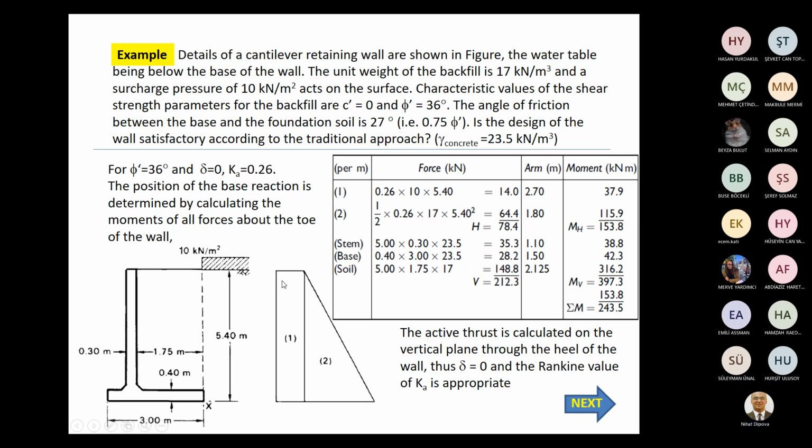So for overturning forces, we have horizontal active force. The distribution of horizontal active force is triangular, region 2. And what else?